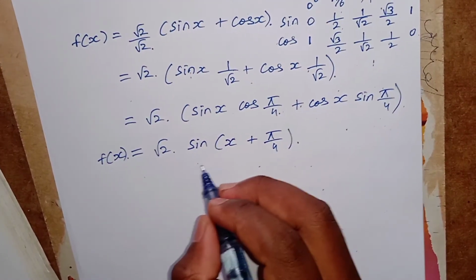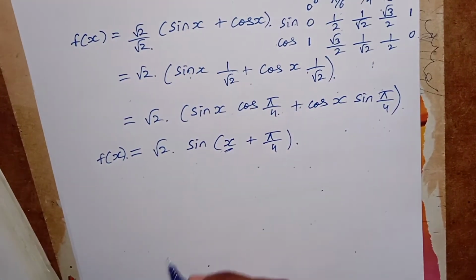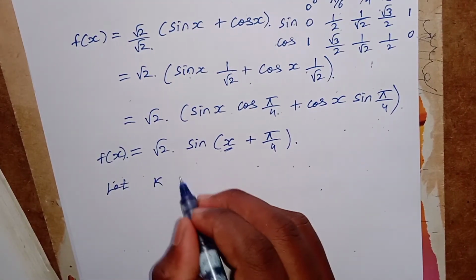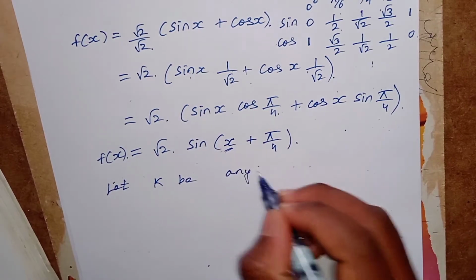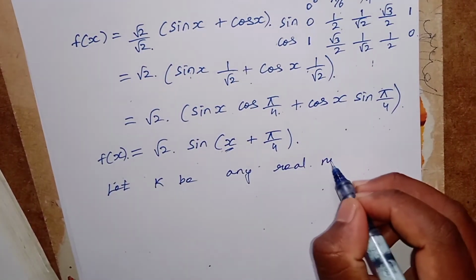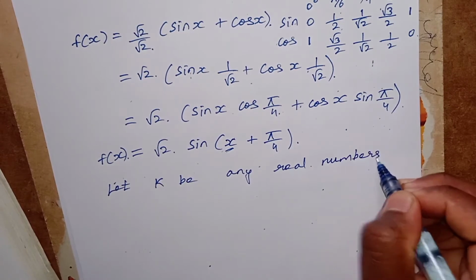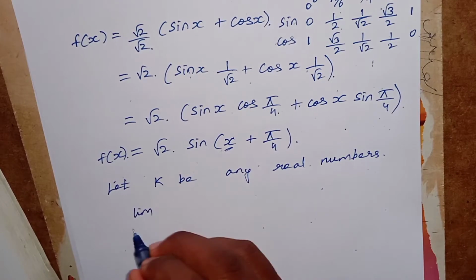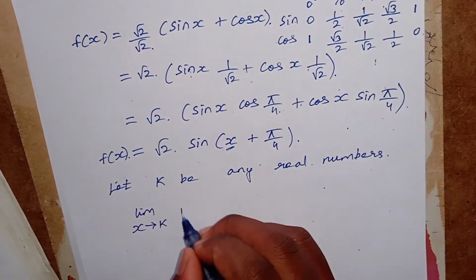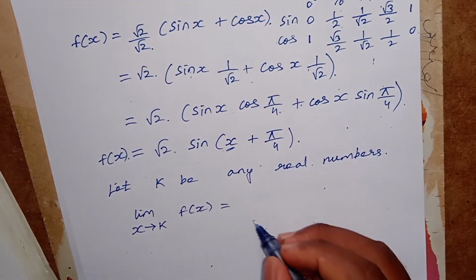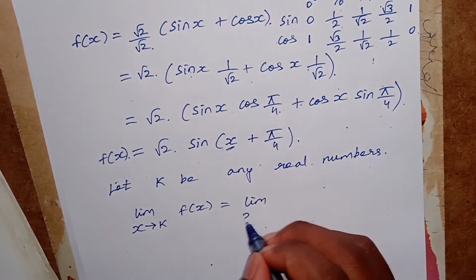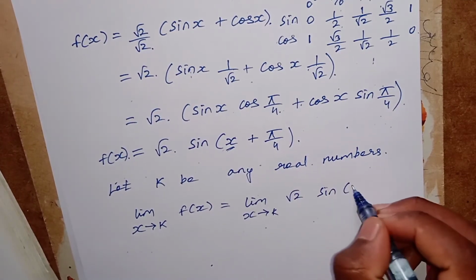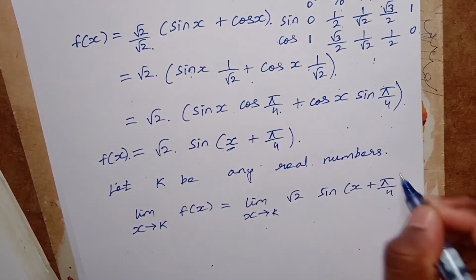Now I am substituting the value of x. We can take any value, therefore let k be any real number. Limit x tends to k, f of x is equal to limit x tends to k, root 2 sin x plus pi by 4.